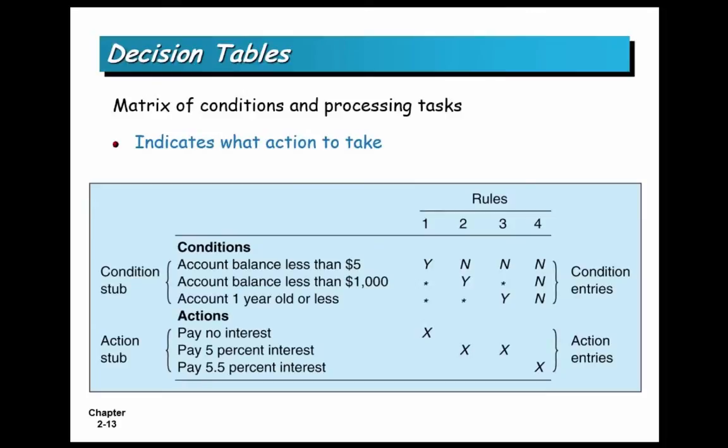OK, this first rule right here, first condition: account balance is less than $5. If BAL is less than $5, that's where we're starting. The action for that is pay no interest.